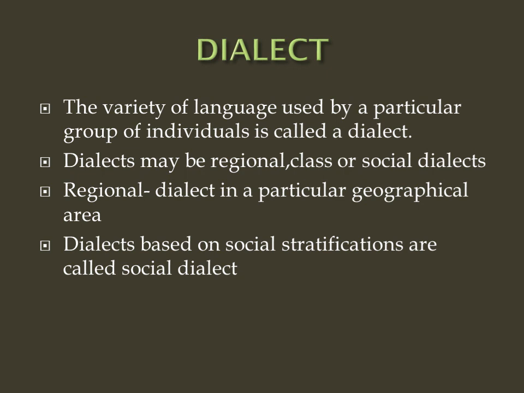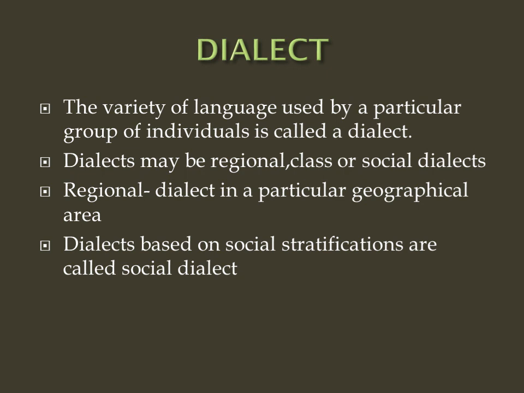Dialects may be of two types: regional dialects and class dialects or social dialects. Regional dialect is the dialect spoken in a particular geographical area. For example, Yorkshire English or Kentish English. Regional dialects are now dying out and a universal variety of language is coming up nowadays.